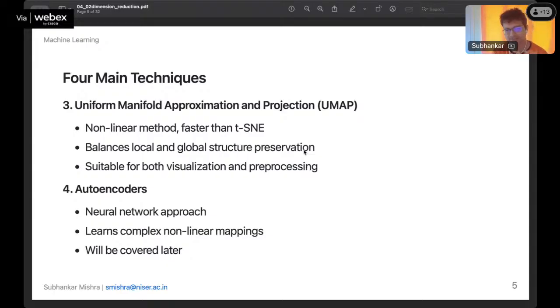And the last thing that people use in some variation or form is the autoencoder. An autoencoder basically uses a neural network. It learns complex nonlinear mappings, and I will cover it later. But think of it like we want an embedding, a much smaller version that can store the entire data so that I can reconstruct the data again.